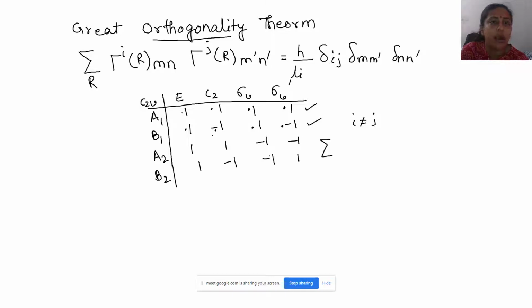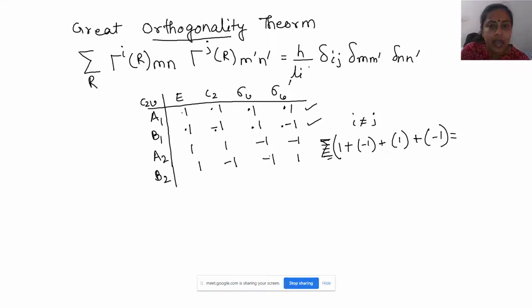for me m m prime and n n prime are the same, but i is not equal to j. So let me multiply them. 1 into 1 is 1, plus 1 into minus 1 is minus 1, plus 1 into 1 is 1, plus 1 into minus 1 is minus 1.